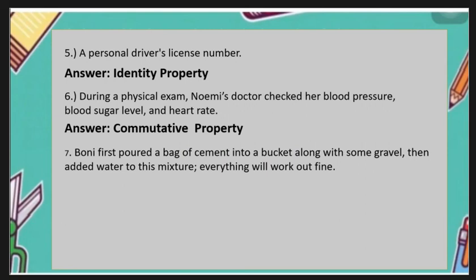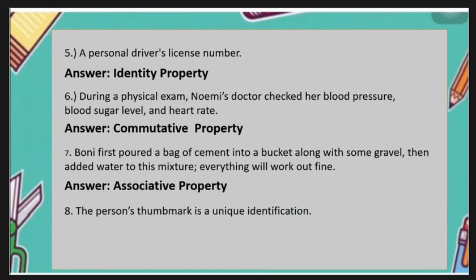Next, Bonnie first poured a bag of cement into a bucket along with some gravel, then added water to these mixtures. Everything will work out fine. What kind of property? This is associative property. Next, the person's stamp mark is a unique identification. What kind of property is this?